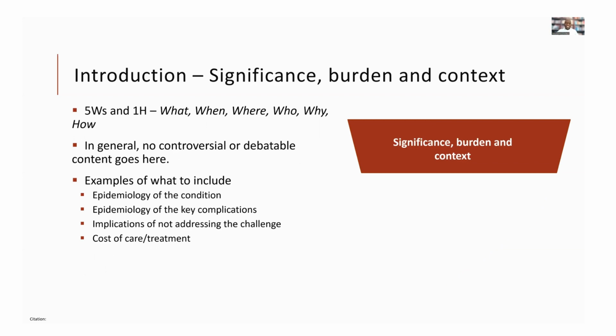At what stage in its progression, or at what stage in its natural history, or at what stage in the biological history? Where? Who does it affect? Why does it affect them? And how? Those are some of the things that you might want to articulate to talk about the significance and burden, as well as the context of the work you're doing.